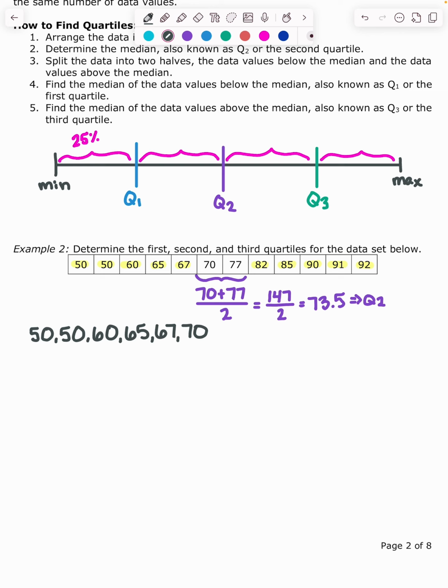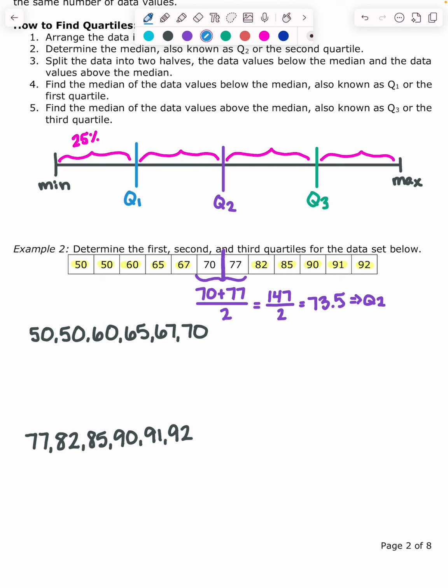And then everything bigger than Q2, so starting at 77, and then 82, and then 85, 90, 91, and 92. That goes in the upper half. So my Q2 split my data set right here down the middle. So I have 6 below and 6 above.